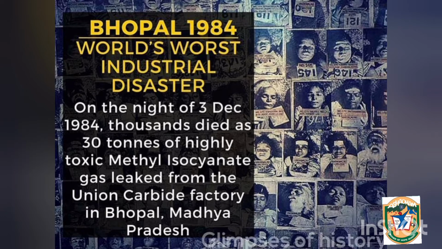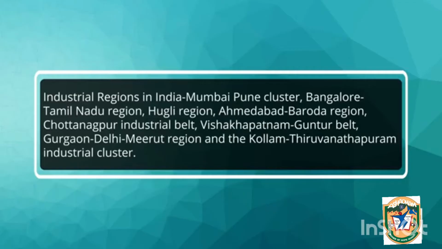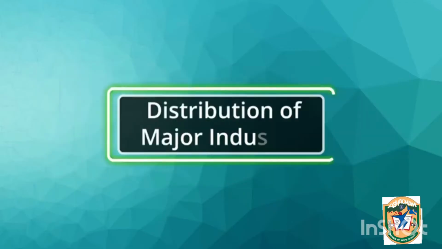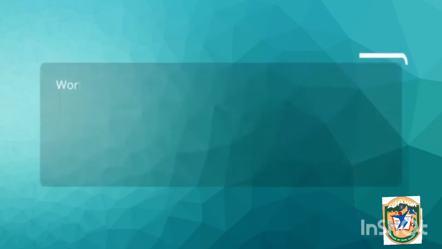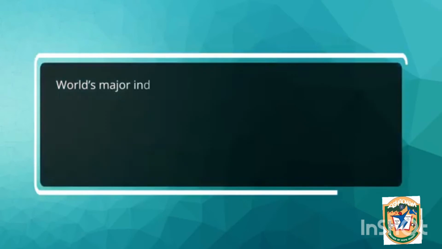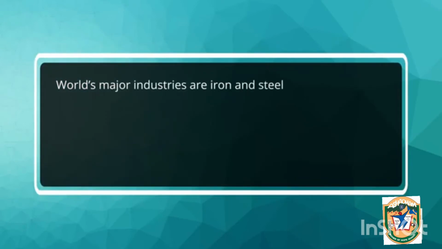Now talking about distribution of major industry. The information technology industry, textile industry and iron and steel industry are some of the major industries found in this world. The IT industry is an industry which is still emerging, while the textile industry along with the iron and steel industry are some of the major industries which have been going strong since ancient times.